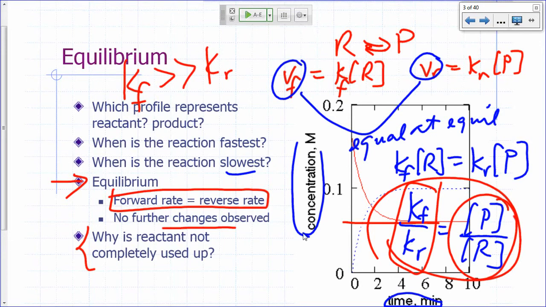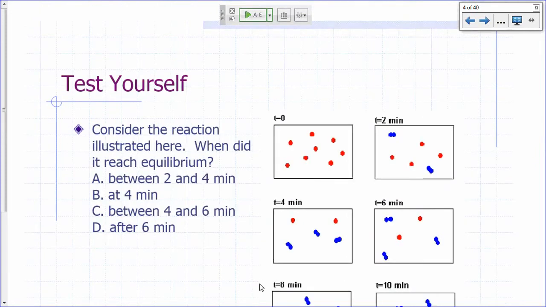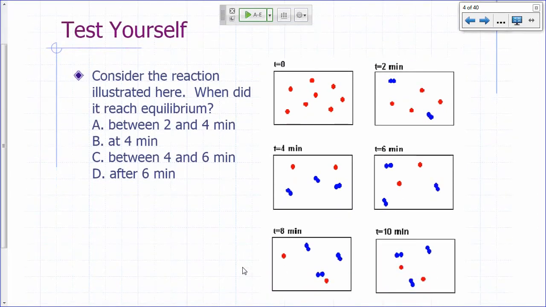So the extent to which your reaction goes all the way to the product side depends on your rate constants. But the rates at equilibrium for forward and reverse are equal. It's the rate constants that determine how far the reaction will go.